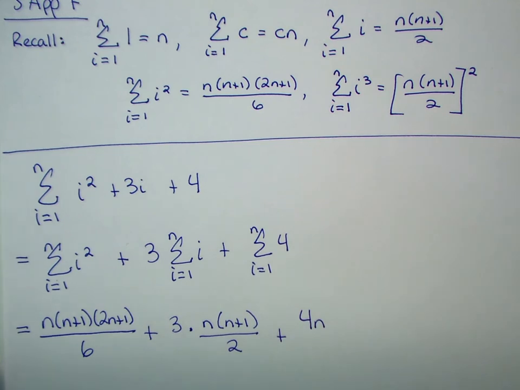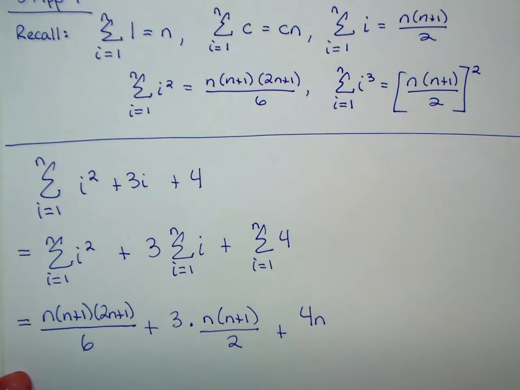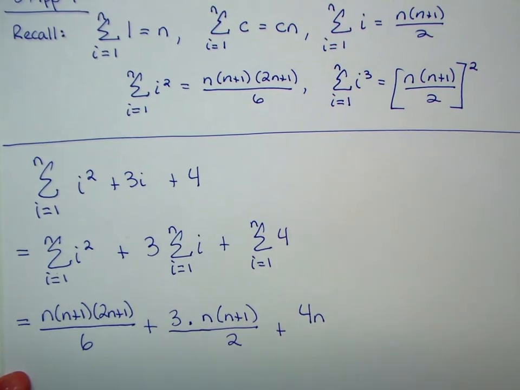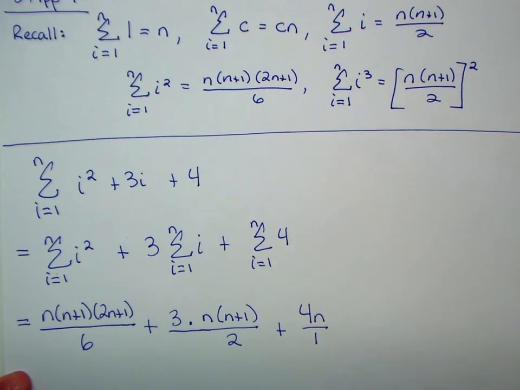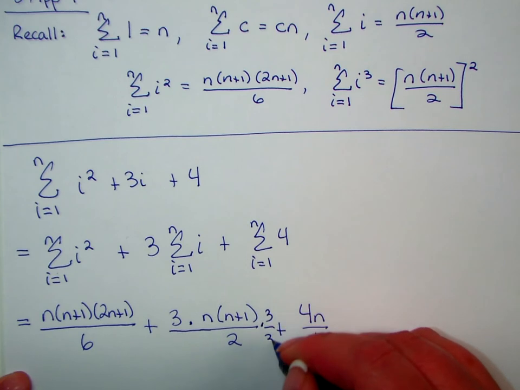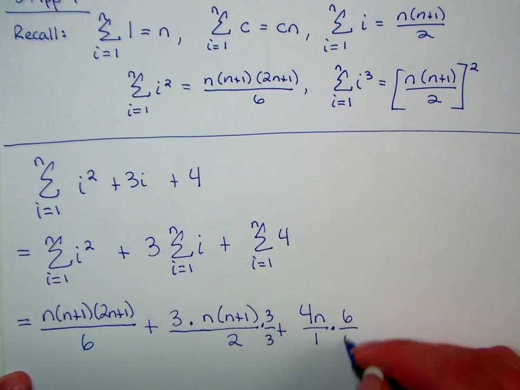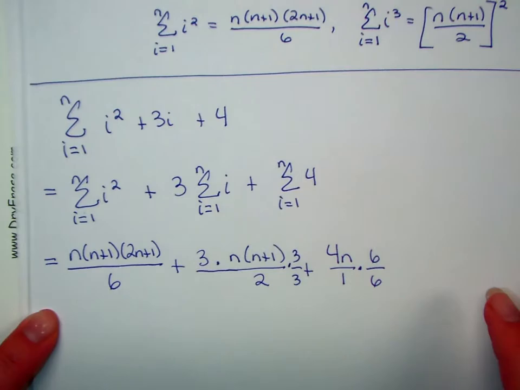So what do we need to do? We probably need to get a common denominator, and factor as well as possible. So I'm just going to write one fraction here. I have a denominator of 2 here, a denominator of 6 here, and a denominator of 1. So I'm going to multiply this fraction by 3 over 3, and I'll multiply this fraction by 6 over 6.